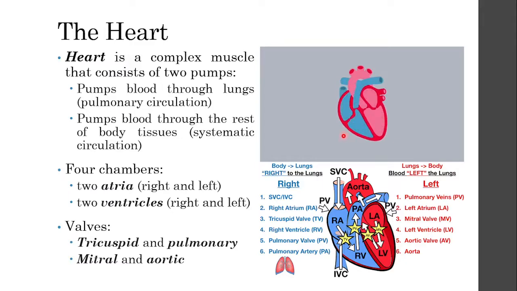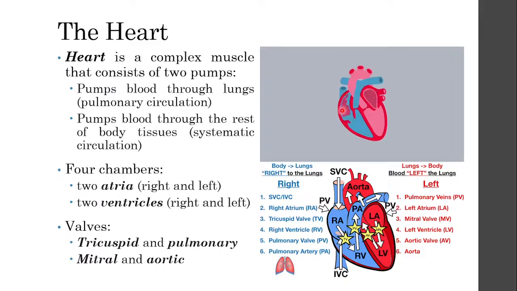So what happens after entering the right atrium is it will be led into the right ventricle via the tricuspid valve. Later we'll discuss the cardiac rhythm, which is basically the contraction and the relaxation of our heart muscles.